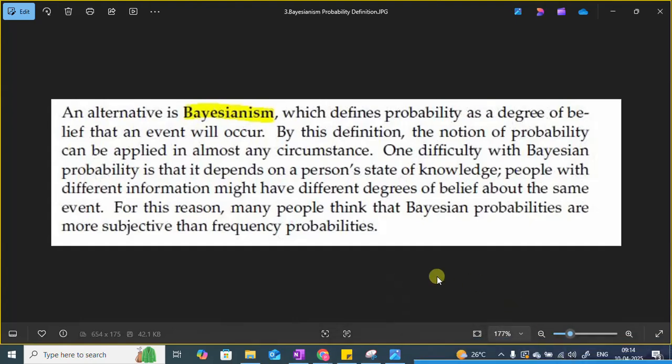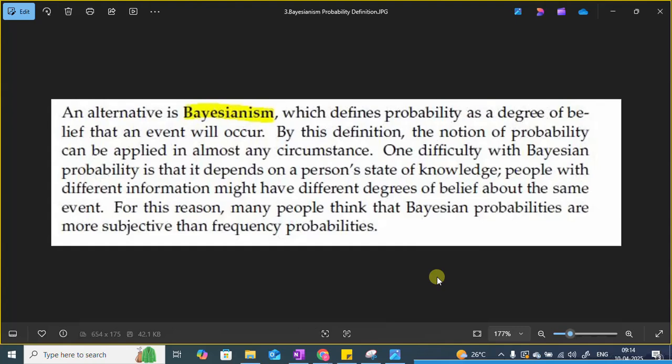An alternative is Bayesian theorem, which defines probability as a degree of belief that an event will occur. By this definition, the notion of probability can be applied in almost any circumstances.